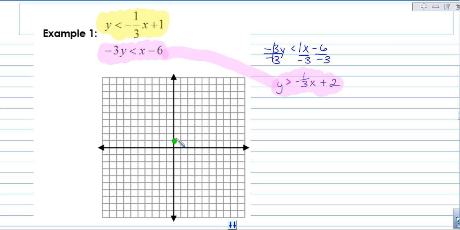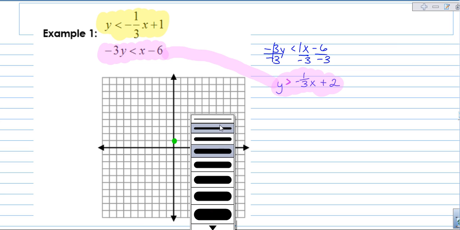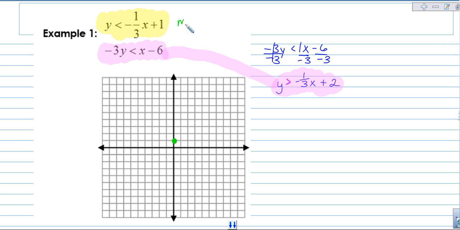This says negative 1/3 is my slope, so with my m being negative 1/3, that means I'm going to go down 1, right 3. We always go to the right. I don't care if it's negative or positive.